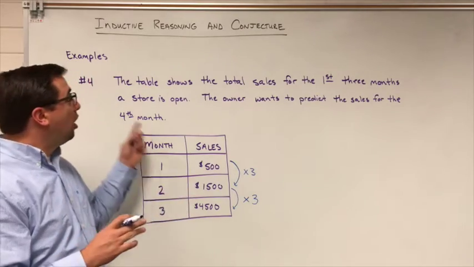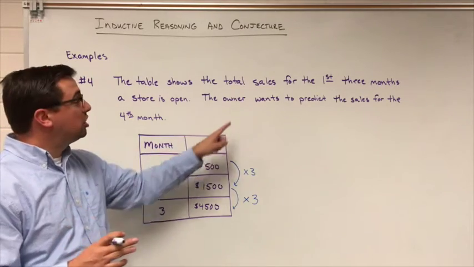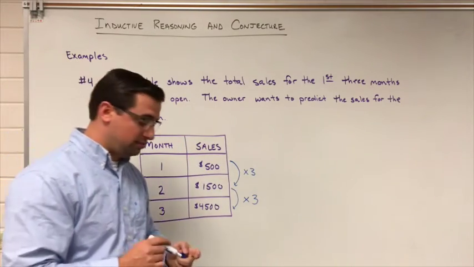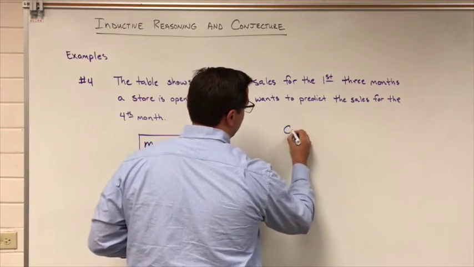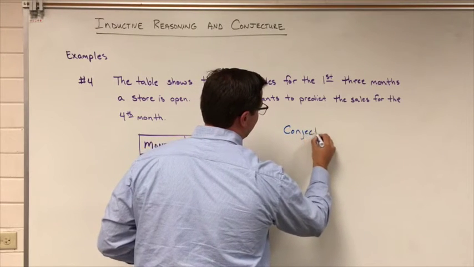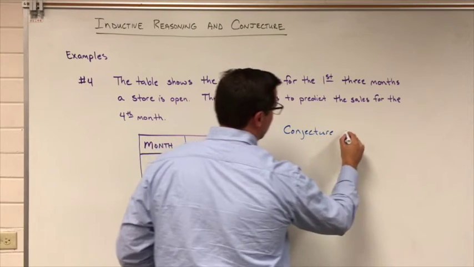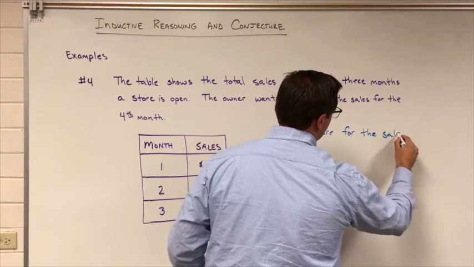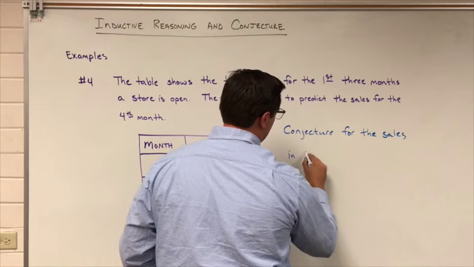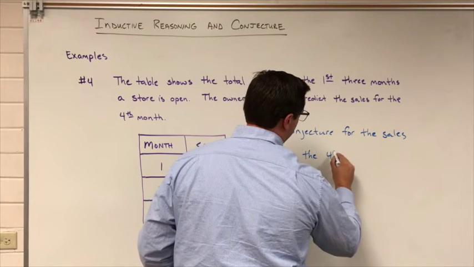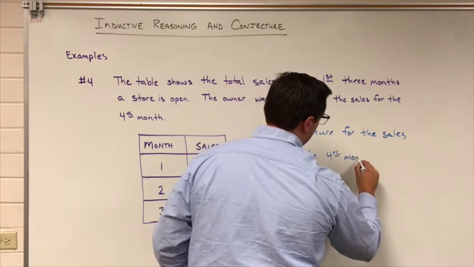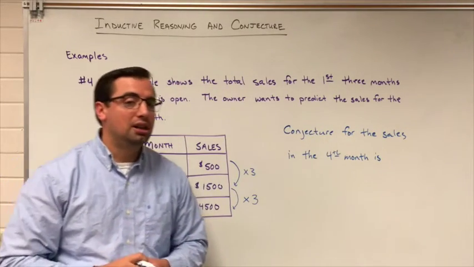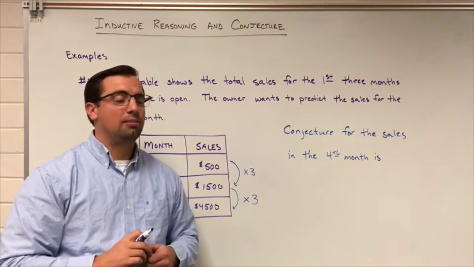That pattern. So our store owner, we're now ready to make our conjecture. Our store owner's prediction for the 4th month. Our conjecture for the sales in the 4th month is, and now here's where we really have to think about our math.